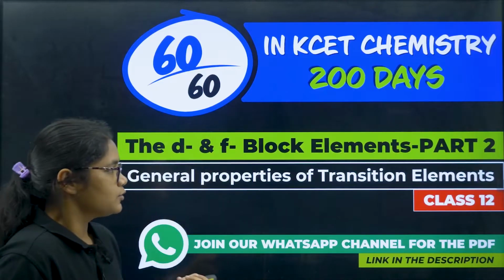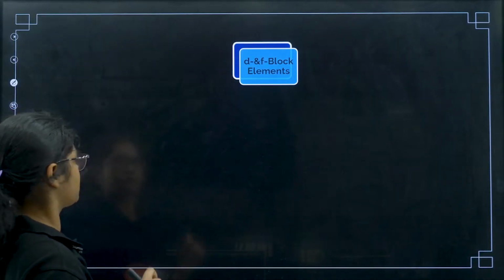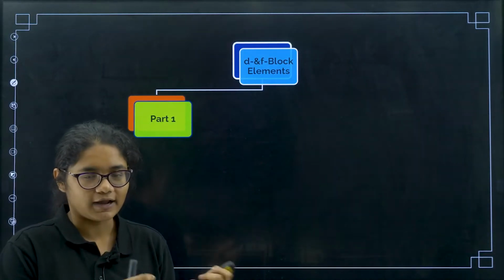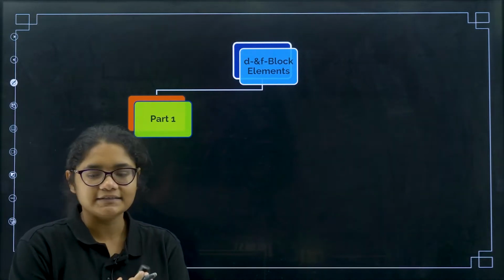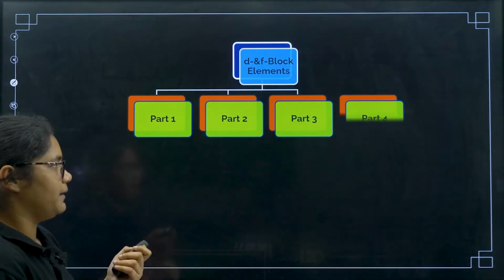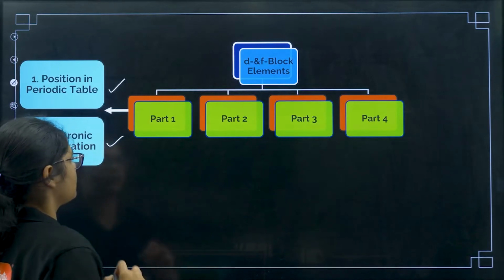As I told you, the division of this chapter: there is a small change here. In my first part, I said we would make only 3 parts, but then I thought it would be easier if we make it 4 parts. In part 1, we have already covered position and electronic configuration.